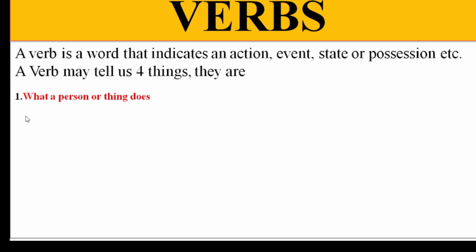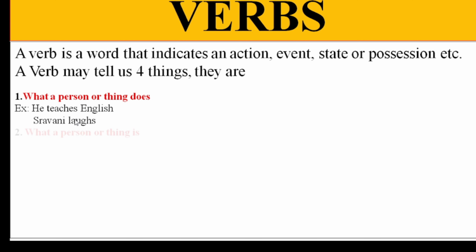If you look at this, we'll understand. Example: he teaches English. So what a person does, he is an English teacher, right? And if we look at the second sentence, Shravani laughs. What does she do? She is laughing, or she laughs.